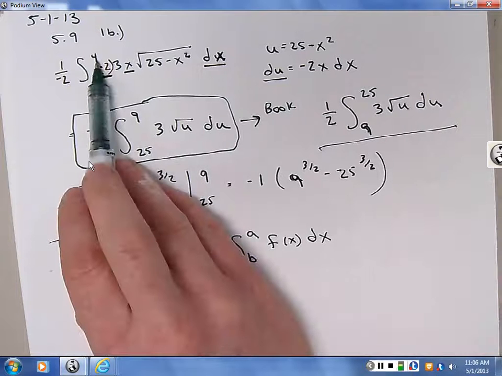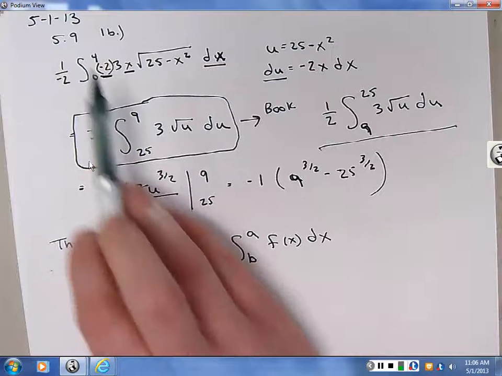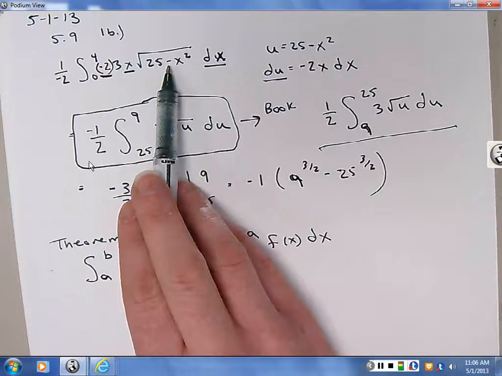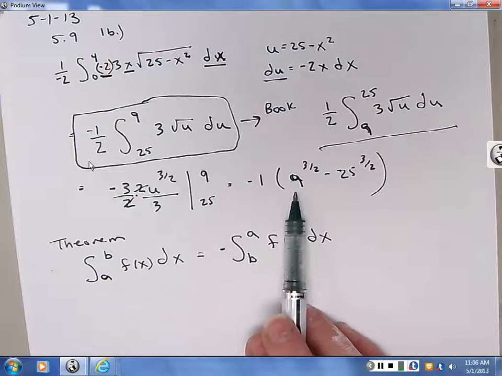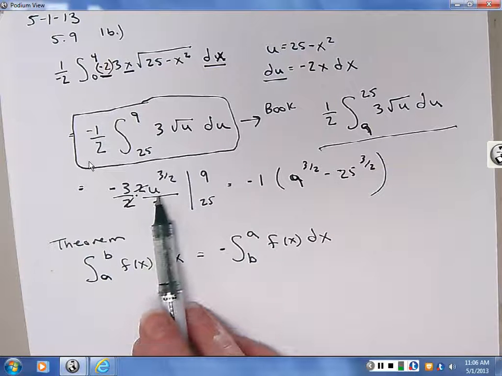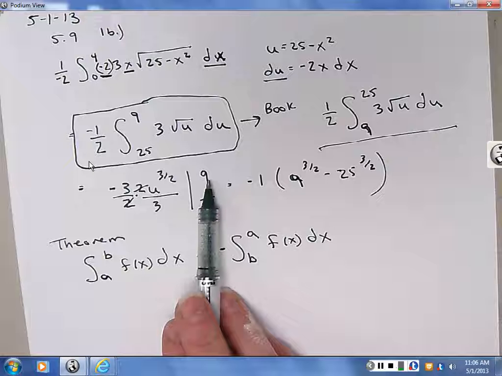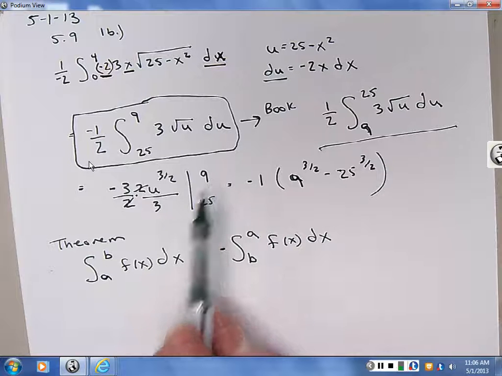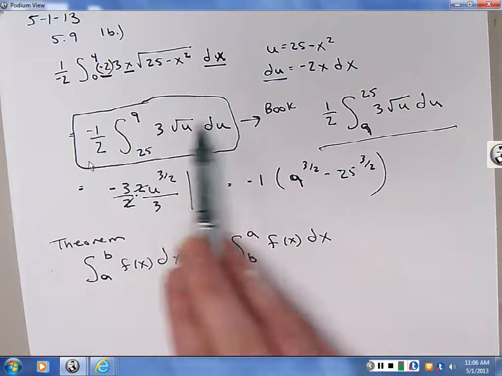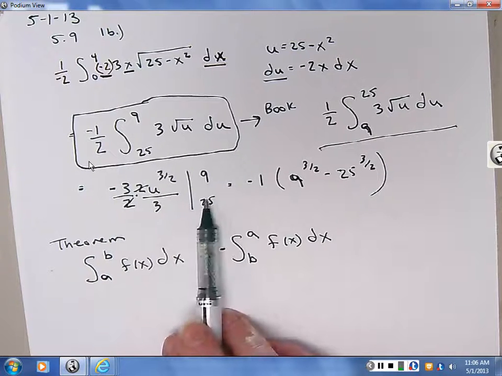Because if I have x to be 4, then when I plug that back in terms of x, I'm going to get 9. So I can just leave u to be 9, the upper bound on that. But any one of these approaches in terms of u will give you the same answer.